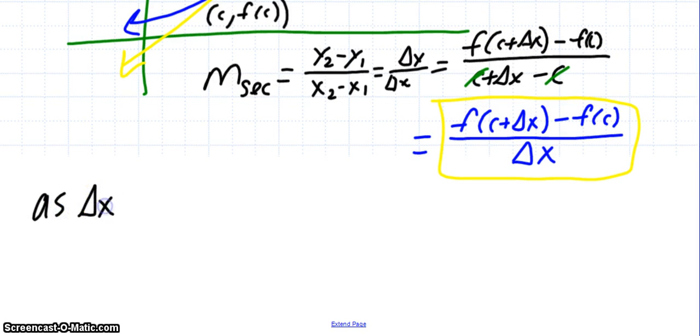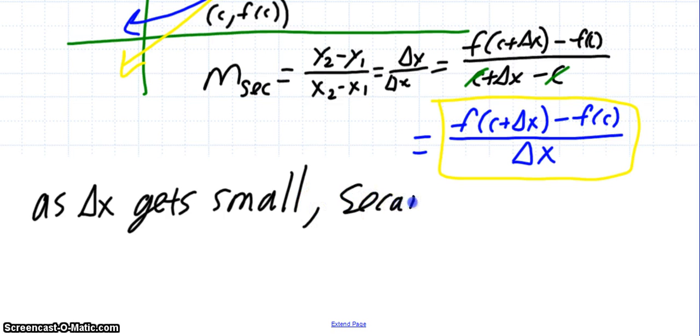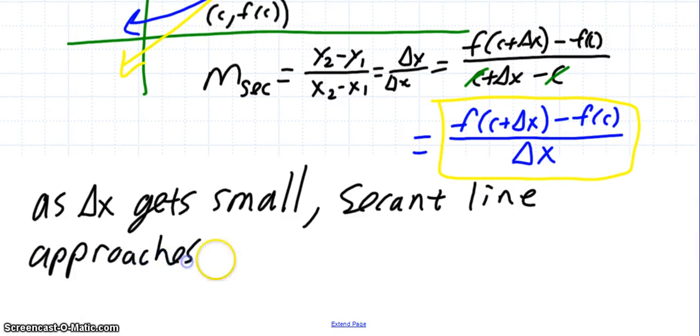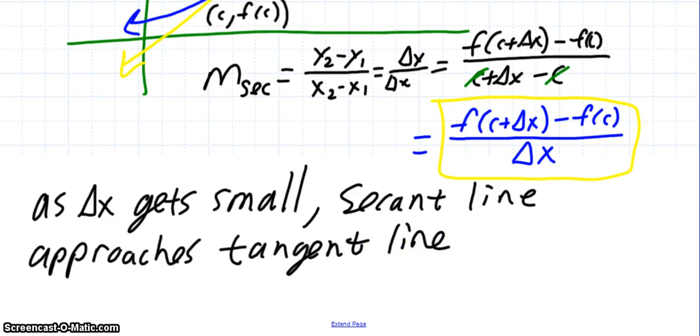As delta x gets small, the secant line approaches the tangent line.